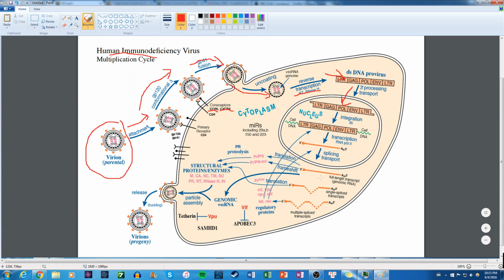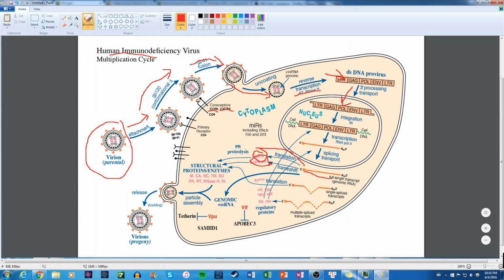And then so we'll cover those. So here's the full-length transcript. Again, same thing as retrovirus. You translate the full mRNA transcript without a frameshift, and you get the GAG gene. You translate the whole mRNA with a frameshift, then you get the POL.